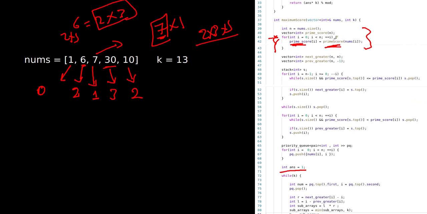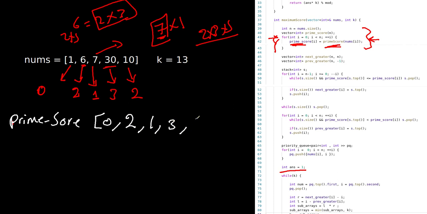So after this for loop, the prime score array is 0, 2 for 6, 1 for 7, 3 for 30, and 2 for 10.